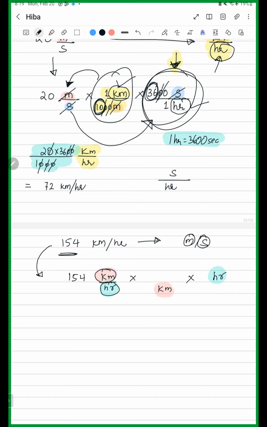So you wrote meter above the kilometer because these two are related, and seconds below the hour because these two are related. Clear till here? Yeah. All you have to do is write the relation between them. 1 kilometer is 1000 meters and 1 hour is 3600 seconds.